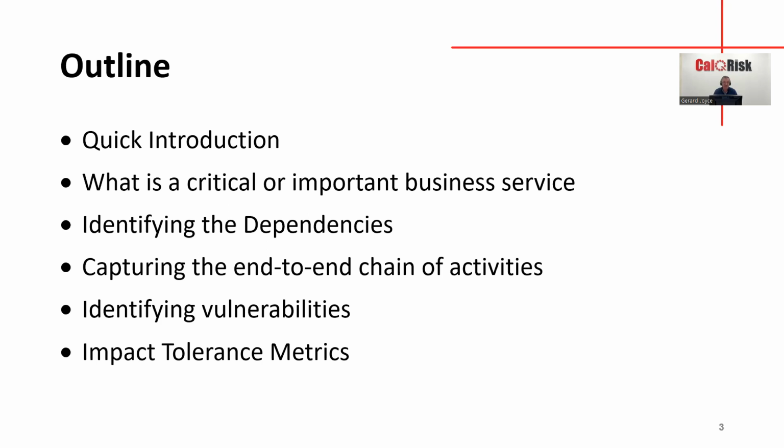And we look at identifying those vulnerabilities. Then when you understand all of that, what are the impact tolerance metrics that you would set for each service? What's the minimum level of disruption that will be acceptable?